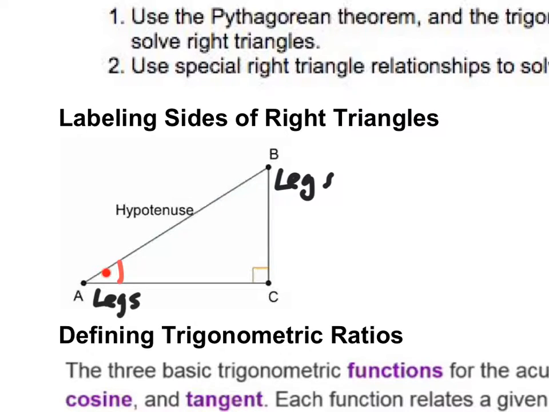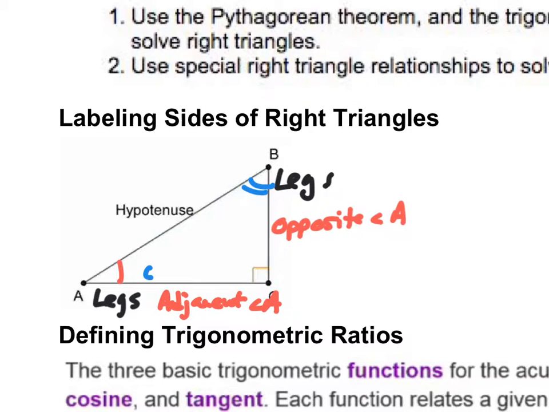If we talk about angle A, then this length is still my hypotenuse, but this length over here is opposite angle A, and this length over here is adjacent to angle A. Now, if we switch this up and talk about angle B, then this side over here would be the opposite of angle B, and this length over here would be adjacent.